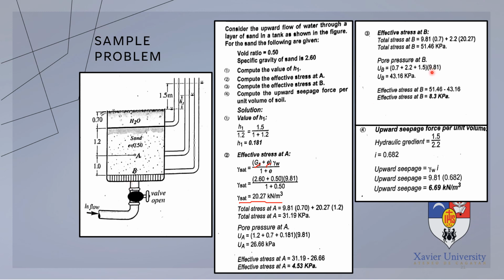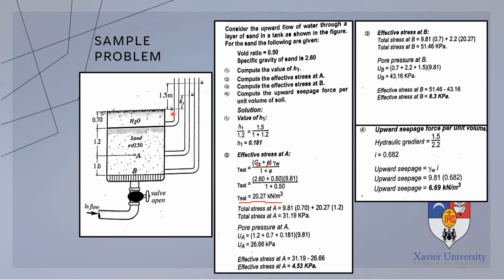For the pore water pressure, that is 0.7, which is our water table, plus 1.2 plus 1 plus 1.5, which is the height of the water rise in our piezometer inserted at B, times the 9.81 gamma water.